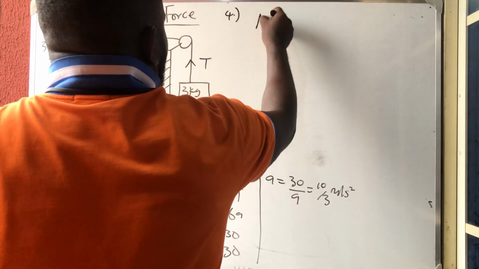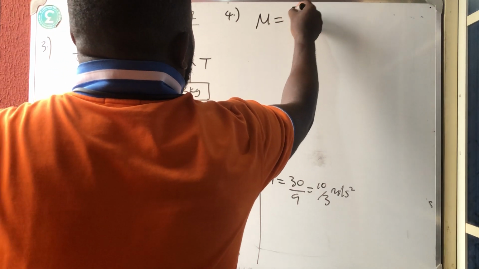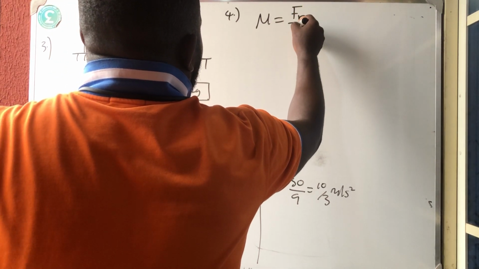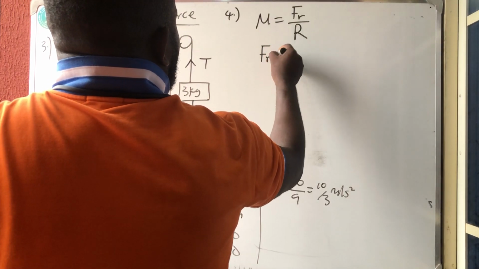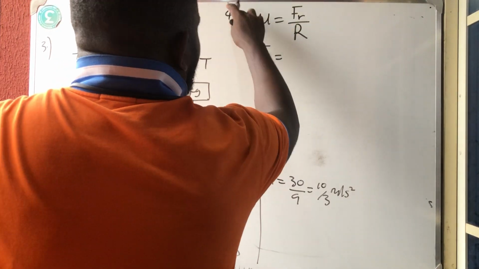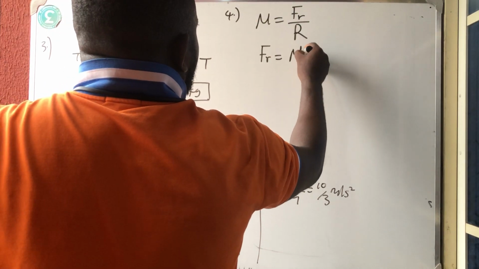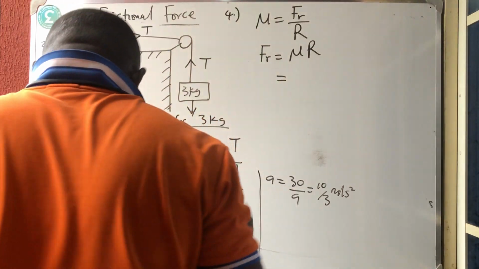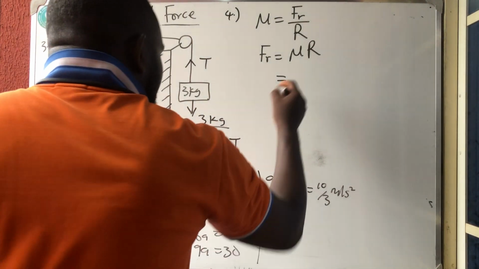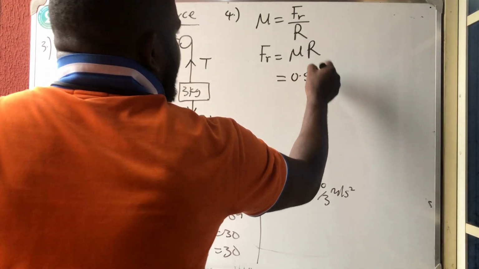We know that coefficient of static friction is equal to frictional force over the normal reaction. The frictional force will now be cross multiplied: coefficient of static friction times the normal reaction, and coefficient of static friction here is 0.5 times the normal reaction.